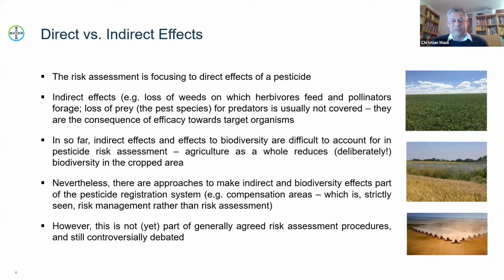Beyond that, there may of course also be indirect effects, for instance the loss of forage for weed-dwelling insects, or the loss of prey for parasitoids. This is to some degree hard to avoid, because it is an intended consequence of the efficacy of the products. So those effects are difficult to account for in the risk assessment.